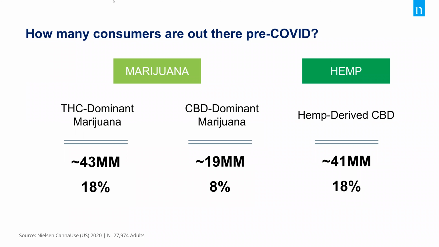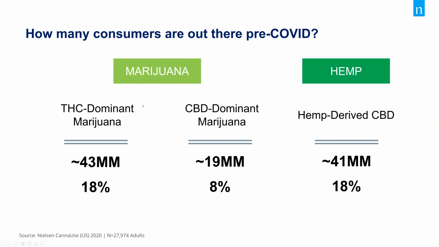With that, certainly we've seen CBD dominant marijuana grow in the last couple of years, but certainly not to the level that THC dominant marijuana has. Seeing about 8% of the US adult population claiming that they've consumed a CBD dominant marijuana product. And then on the other side of the spectrum, the unregulated side of things, hemp CBD, again, we're seeing close to 20% of the US adult population claiming to have consumed any of these products.